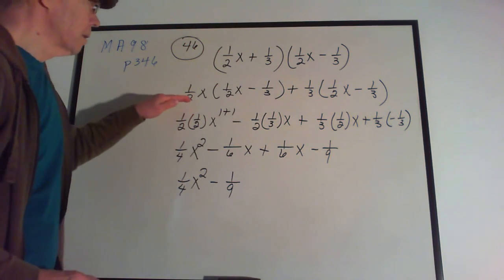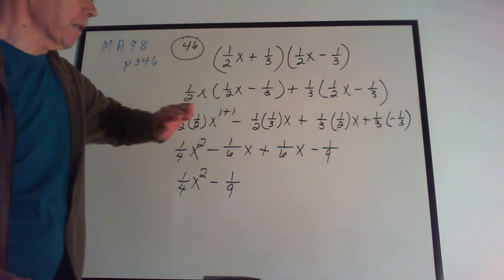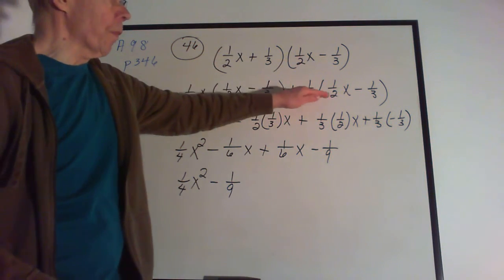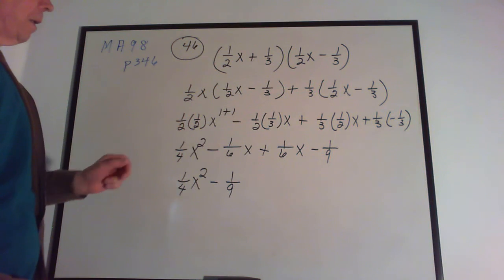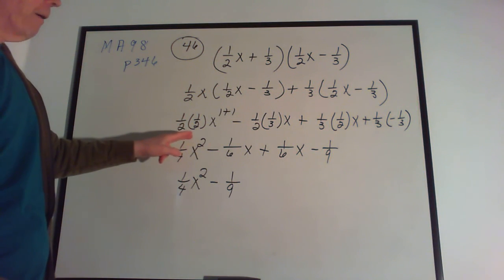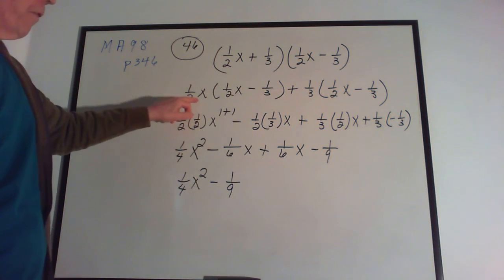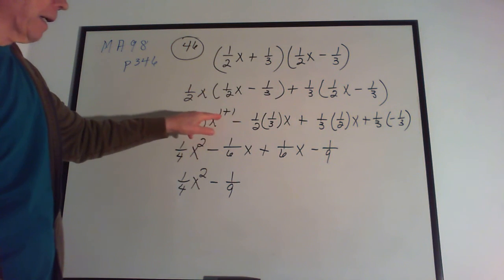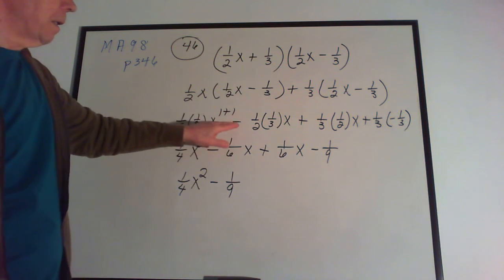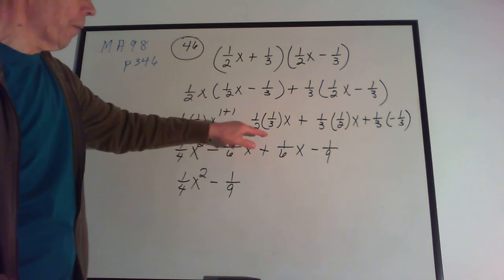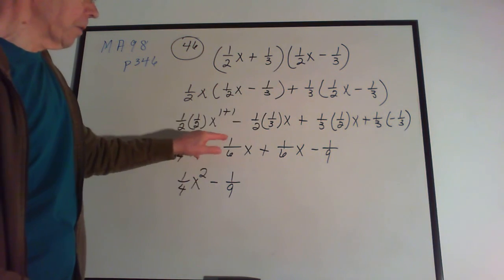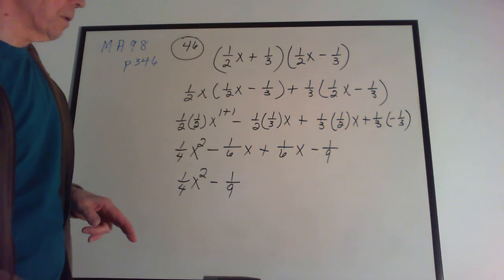All right, so it's 1/2 times what's inside the second parentheses, and it's plus 1/3 times what is inside the second parentheses. So 1/2 times 1/2 is going to give me 1/4. X times x gives me x to the 1 plus 1. 1/2 times minus 1/3 x gives me minus 1/6 x.